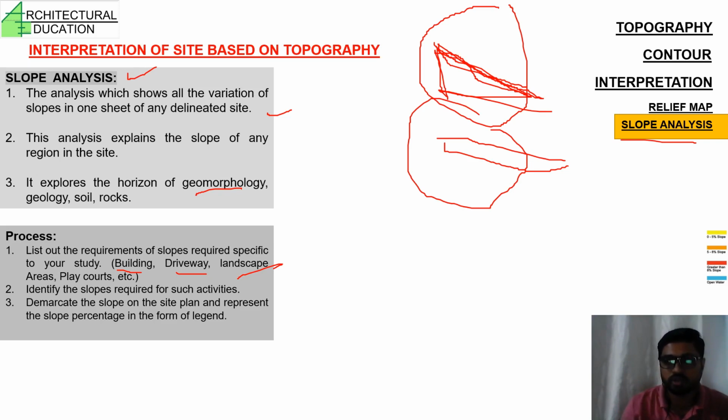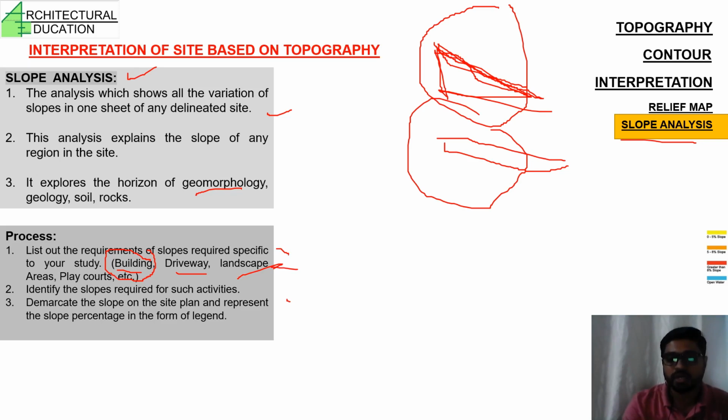For example, if you are designing structures where the built up area is very less, like a resort or cottages, or any such activities where the building area is lesser, at those areas it will be much helpful for us. So we have to first identify the requirements of our site. Next one, identify the slopes required for such activities.